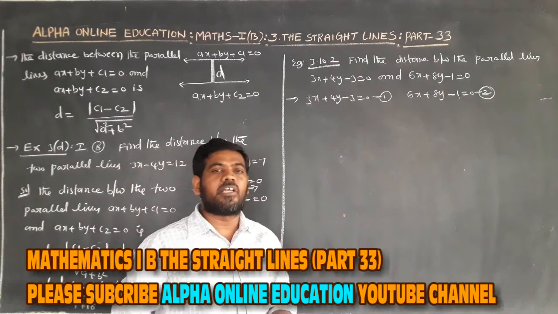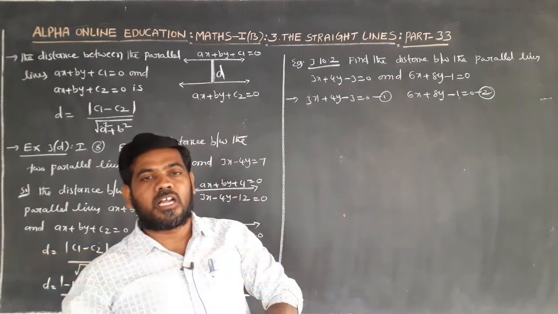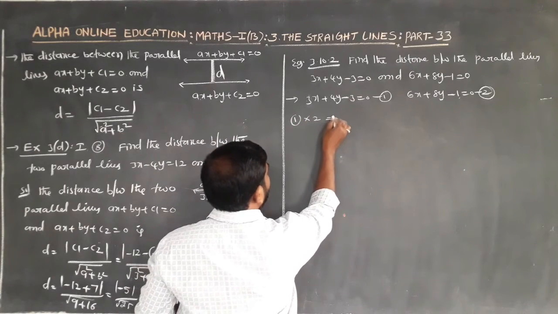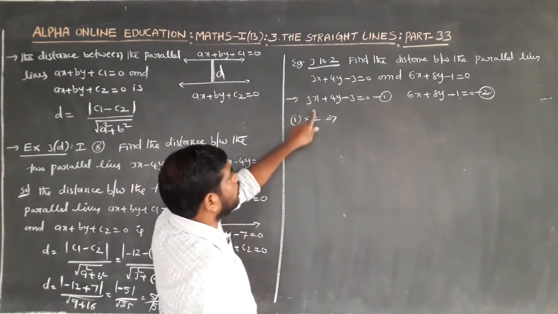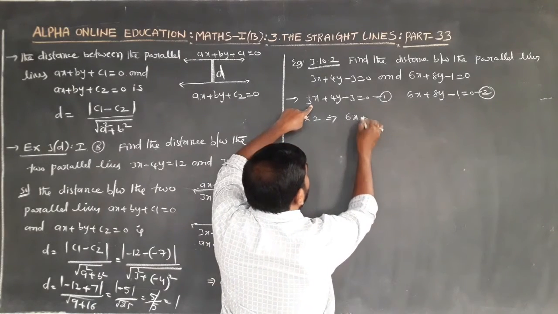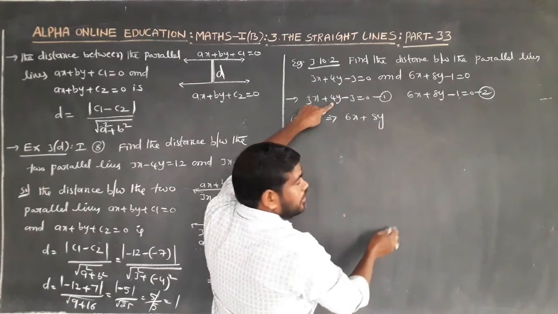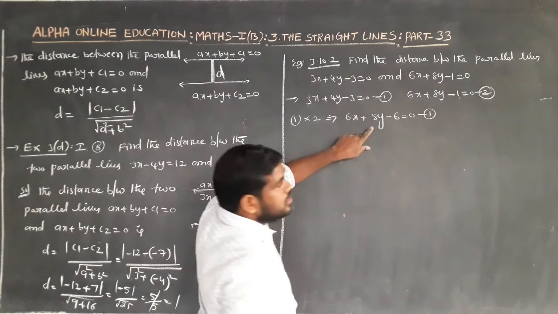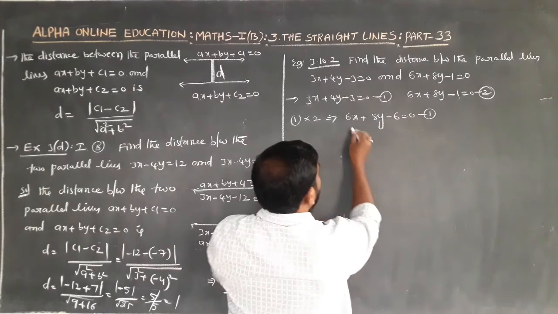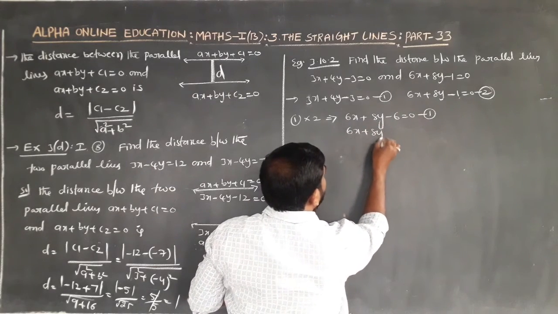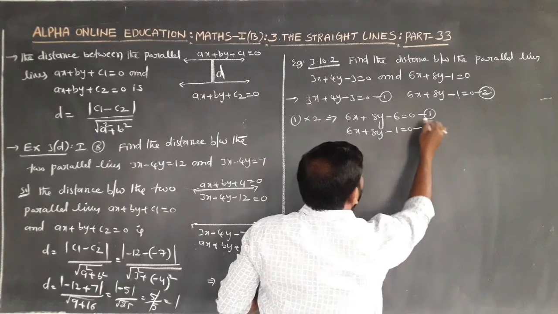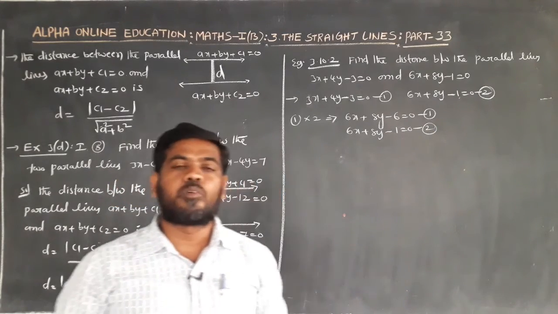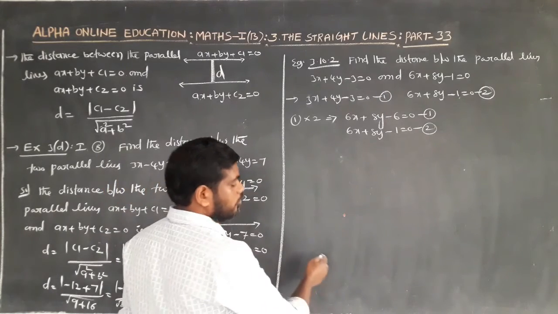First of all, equate the x coefficients and y coefficients. So multiply the first equation by 2: 2 times 3 is 6x, 2 times 4 is 8y, 2 times 3 is 6, equal to 0. This is the first equation, and the second equation is 6x + 8y minus 1 = 0.